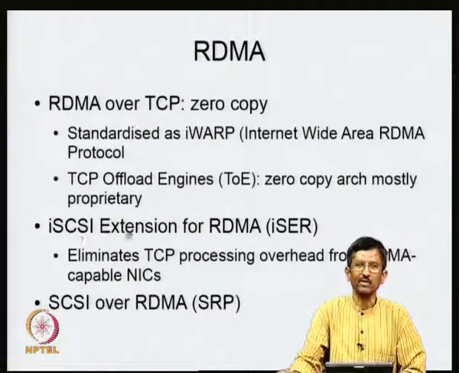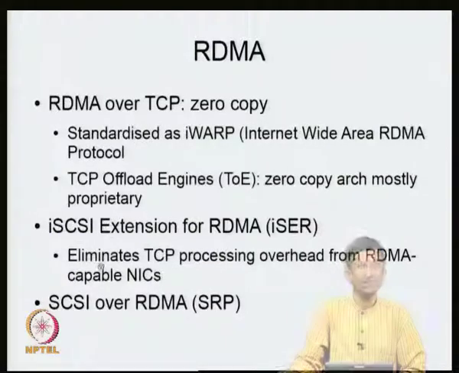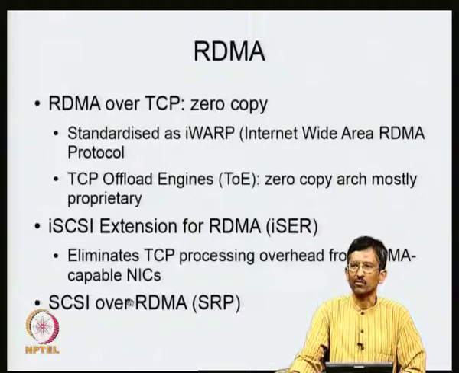This is called iSCSI Extensions for RDMA, iSER, and basically this combination of iSCSI, RDMA and TCP eliminates TCP processing overhead from RDMA-capable NICs. Okay. There has been another effort called SCSI RDMA Protocol, or SRP, which I am not very sure, but I think it is not that very popular.